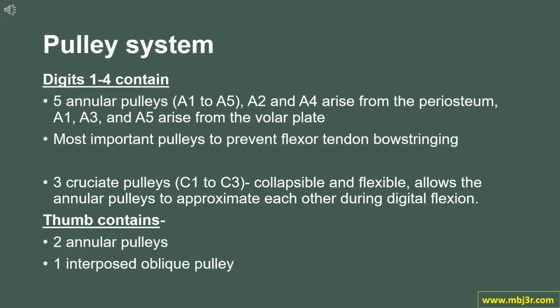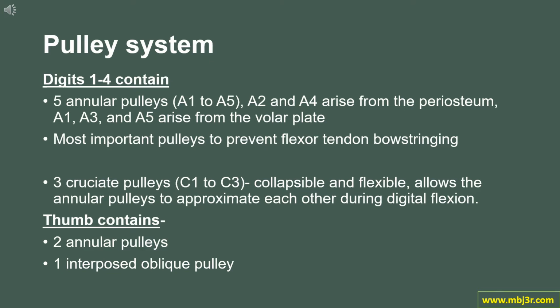Coming to the pulley system. Digits 1 to 4 contain 5 annular pulleys, A1 to A5. A2 and A4 arise from periosteum. A1, A3 and A5, the odd pulleys, arise from the volar plate.